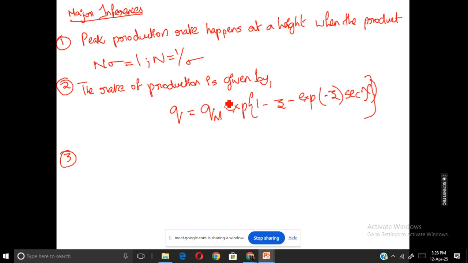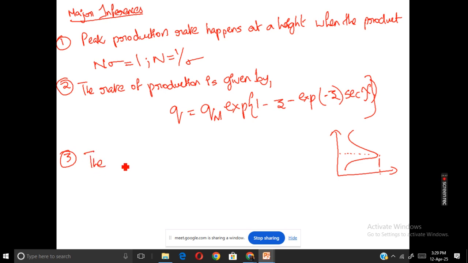Basically this equation, which has an exponential within an exponential, will give you the shape of the curve. This mathematical expression will give you the shape of the curve.